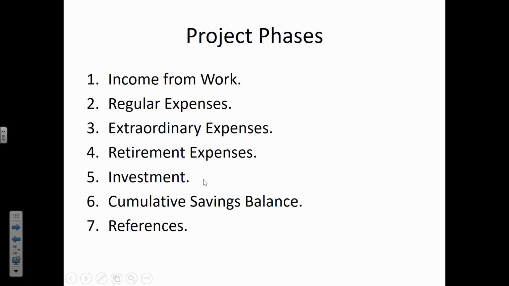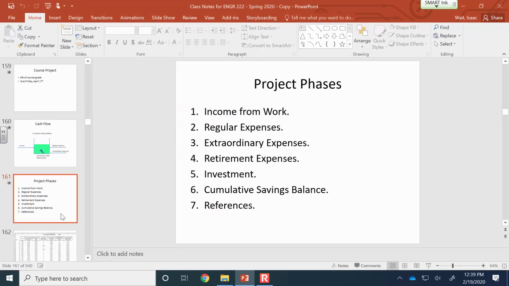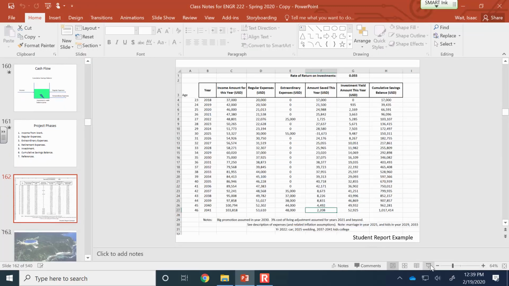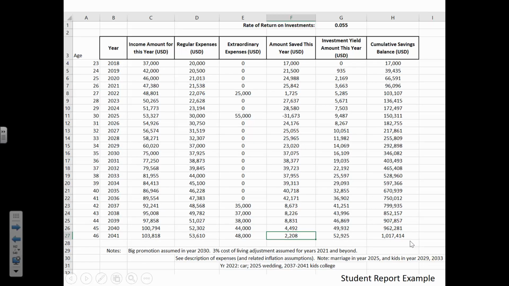So now let me show you a student who did a nice job on theirs, as an illustration of the spreadsheet. You'll have the age that you graduate, or you could start now, the year, income amounts, expenses, extraordinary expenses.